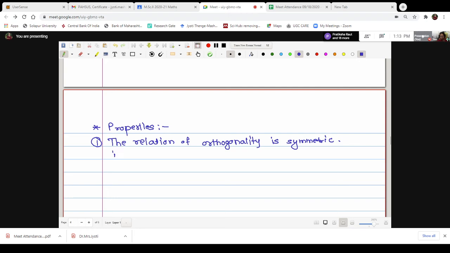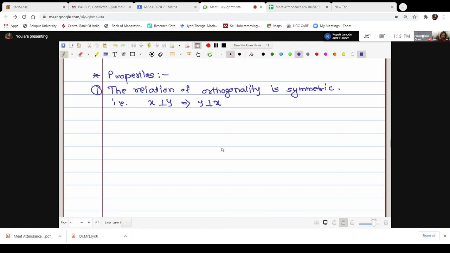What is the meaning of symmetricity? Whenever I am writing x is orthogonal to y, this implies y is orthogonal to x. In case of relations we know symmetricity: A is related to B implies and is implied by B is related to A.